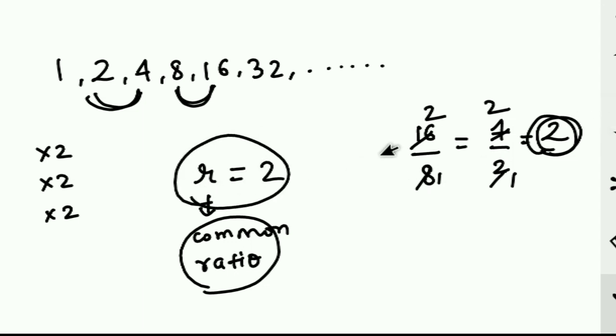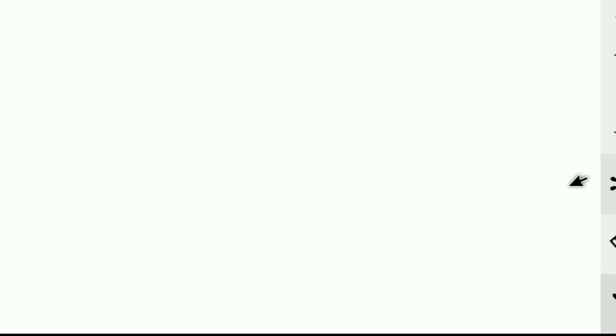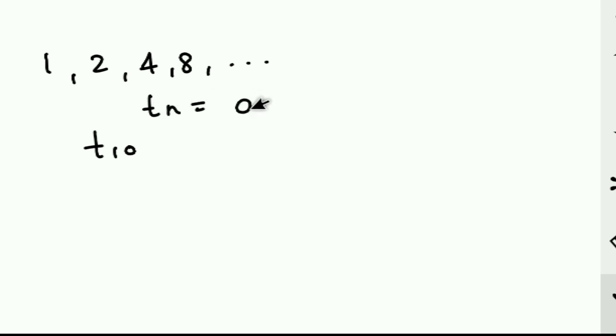Then if we want to find the nth term of this GP, there is a formula. Let's see it on another page. So we have this GP. If we want to find the nth term, let's consider the 10th term. The formula for that is nth term is equal to a into r raised to n minus 1.